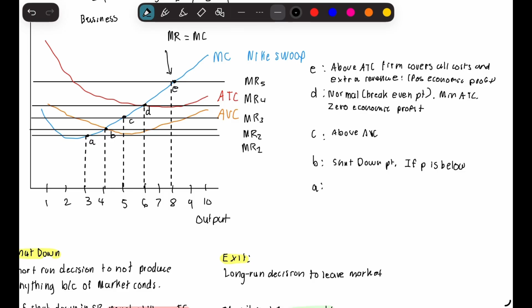When you're at point C, you are above the AVC, but you're below the ATC. So your firm covers variable costs, but not total costs.